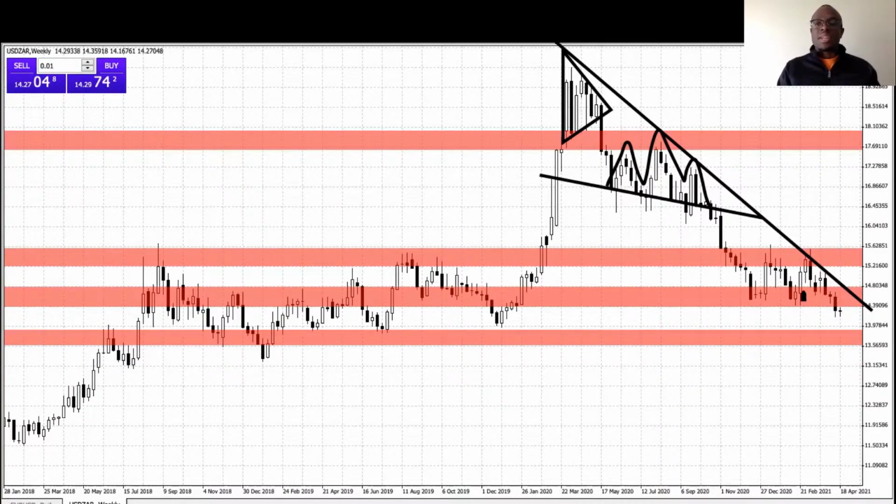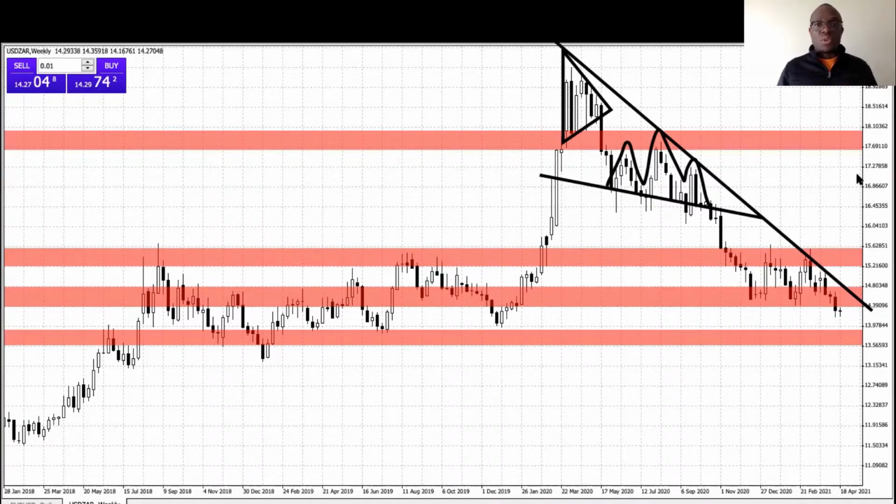This will mean that the sideways movement will continue, and this may also lead the price to reverse if it then breaks above this zone, retests it, and moves all the way to the upside. So these are the two scenarios that we'll be expecting in the coming week as far as the weekly chart is concerned.